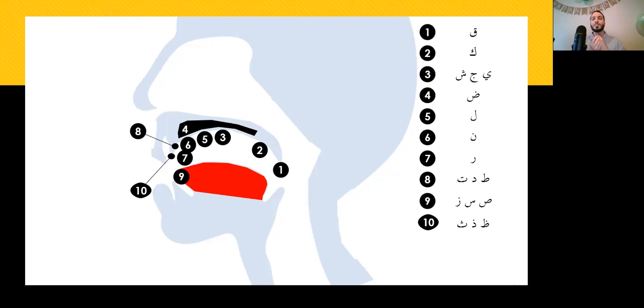Qa is pronounced very, very close to kha, but kha is just air coming and hitting the upper area. When you say the qa, your tongue also comes back and goes up towards that area at the same time.